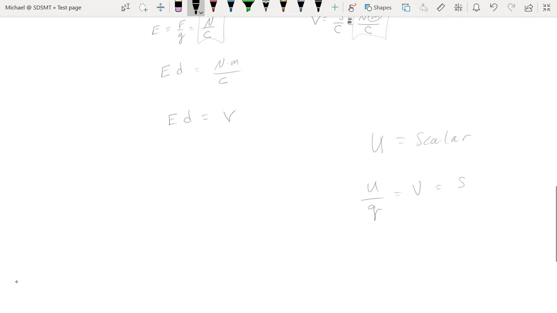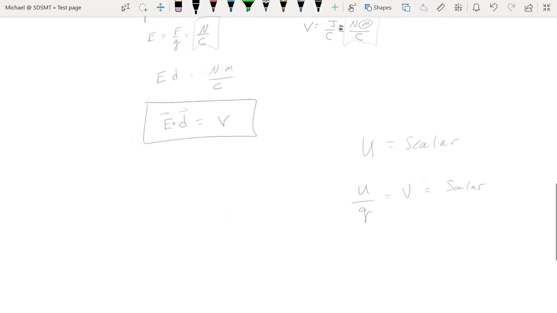Charge is also a scalar, so that means that potential has to be a scalar, but electric field and displacement were both vectors. So how do I turn two vectors into a scalar? Well, this brings us right back to the electric field displacement dot product. And so now we've got it.